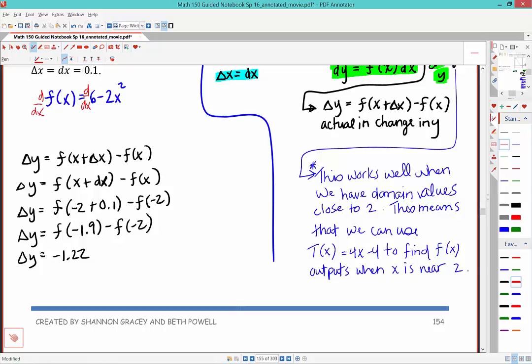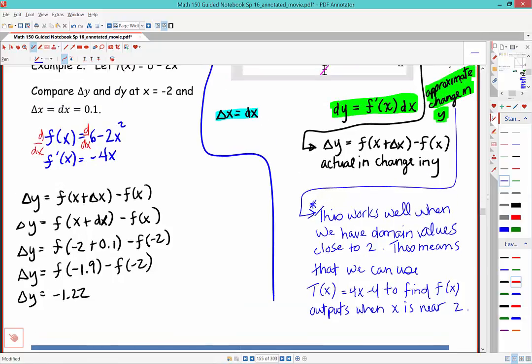So we will have f prime at x is equal to -4x. And so remember over here we have dy equals f prime at x times dx.